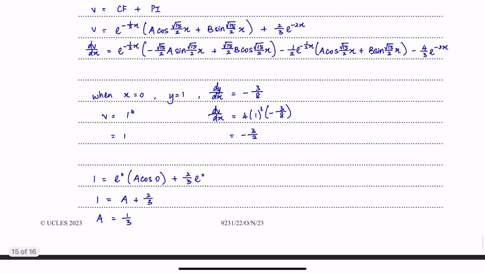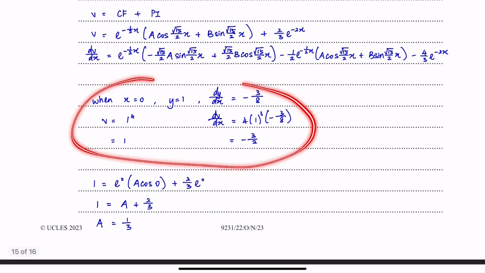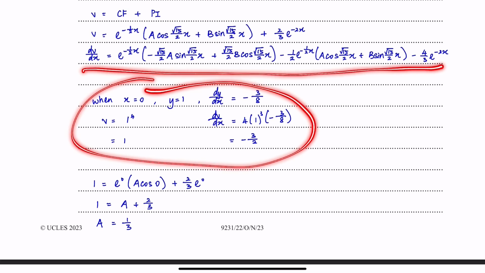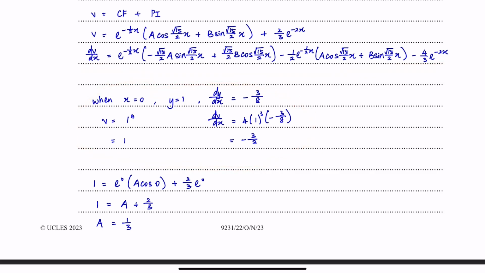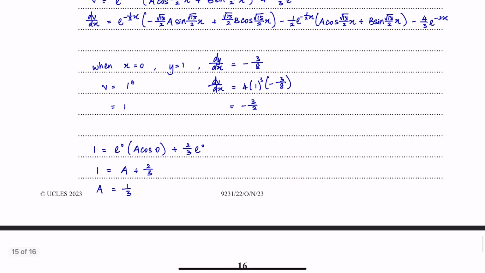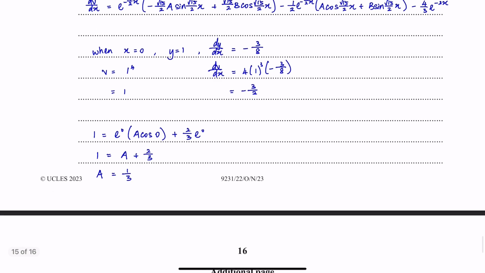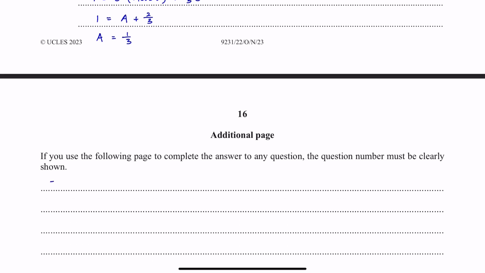And now I'll sub these values into the second equation. So I have negative 3/2 equals e to the 0 times √15 over 2 b cos 0. Same thing, because sin 0 is 0, so I'll just ignore it.